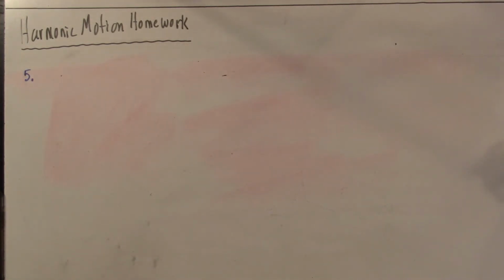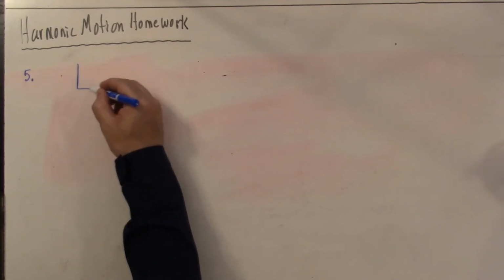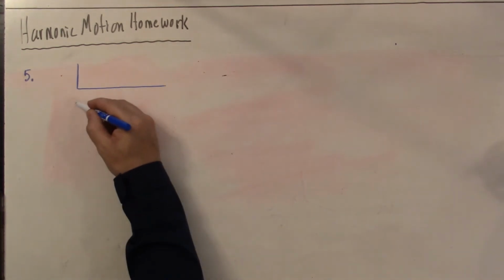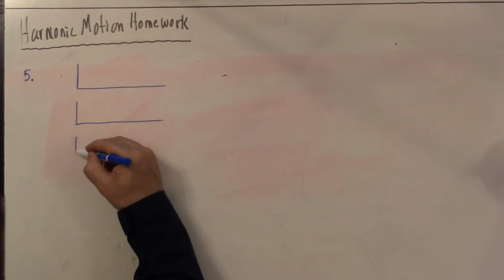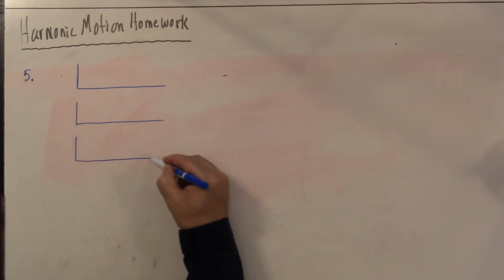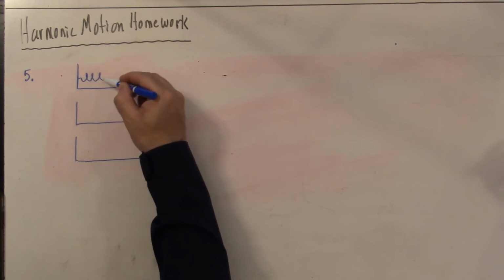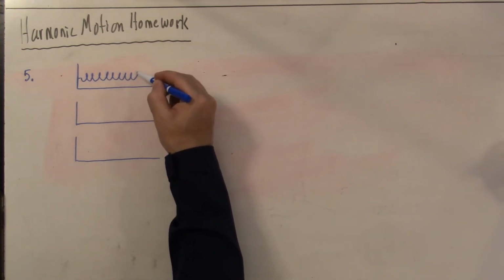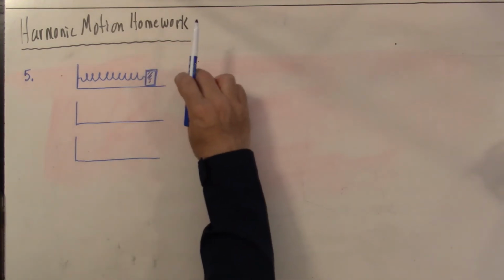Okay, let's do 5. So 5 starts out with a picture. And it has like a platform here. And then we have the same platform sometime later. And then the same platform sometime later. So we took this spring here, and we stretched it out, and it's got a block on the end here. And we pulled it out here, and we're going to let it go.